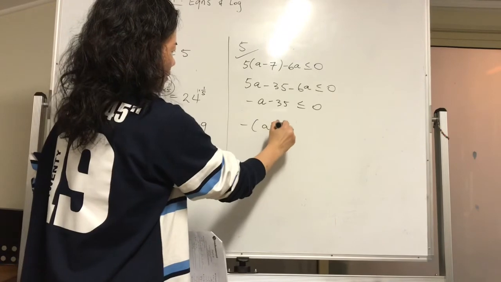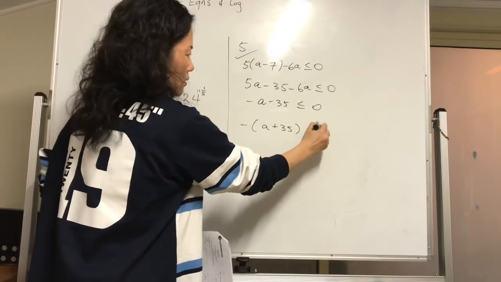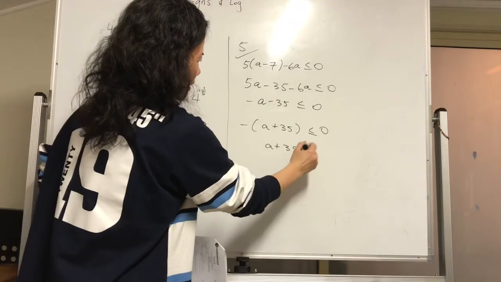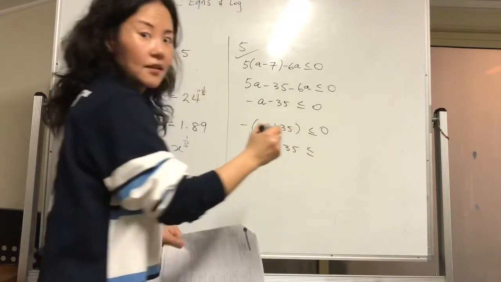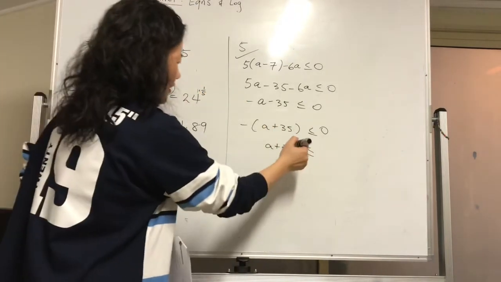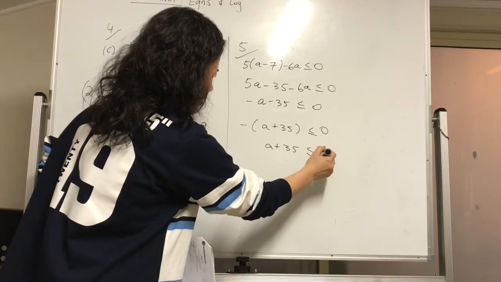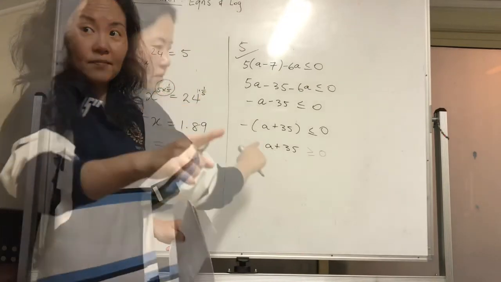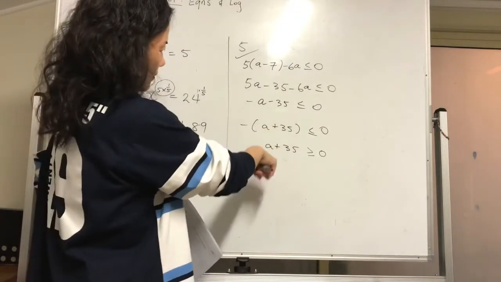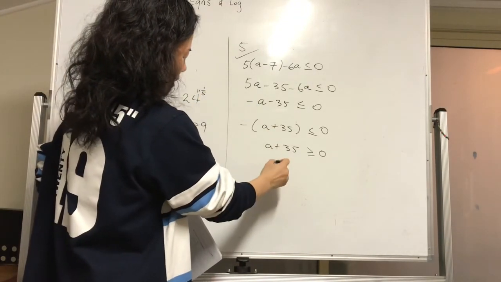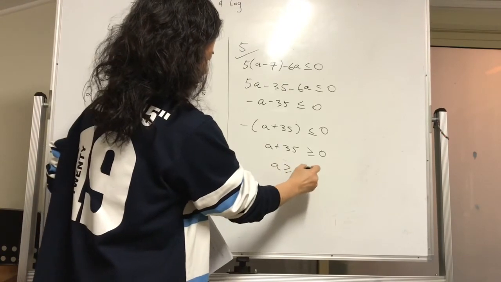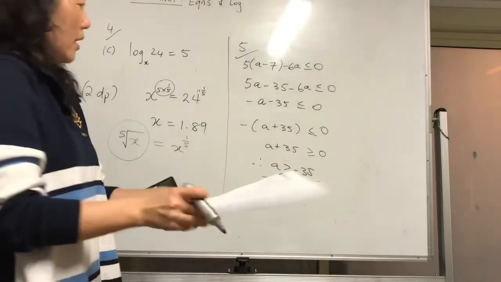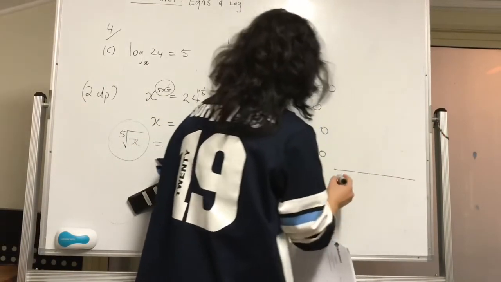So a plus 35 there. And then minus. That's okay, isn't it? Yeah. And then a becomes like that.